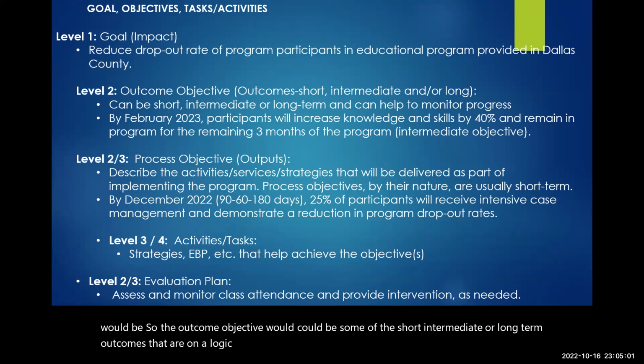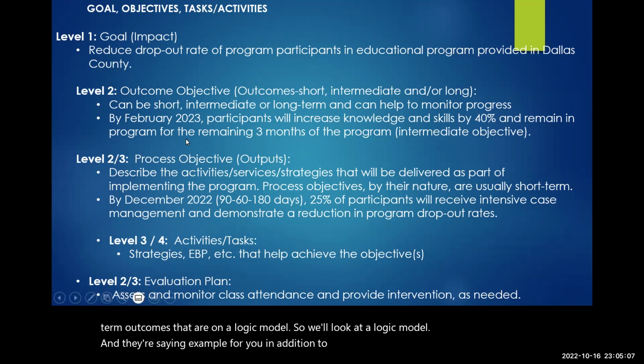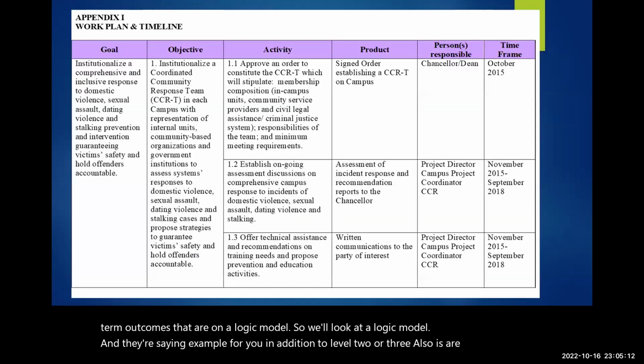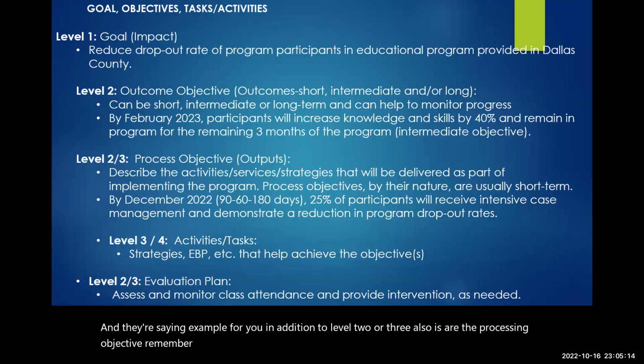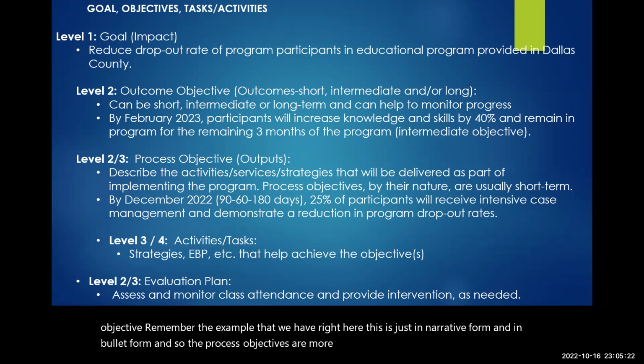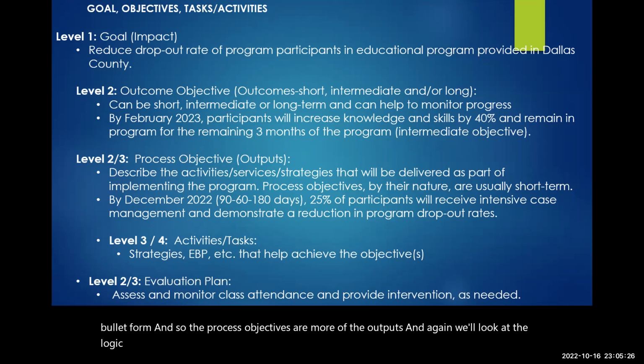We'll look at a logic model, and there's an example for you. In addition, level 2 or 3 are also the process objectives. Remember the example that we have right here, just in narrative form and in bullet form. The process objectives are more of the outputs. Again, we'll look at the logic model, which will make a lot more sense.